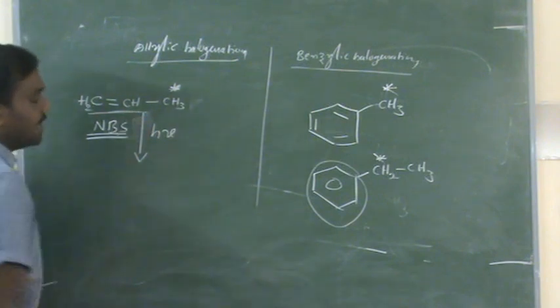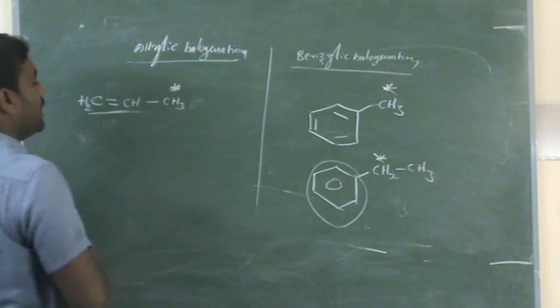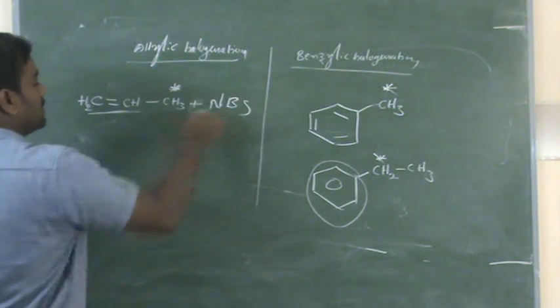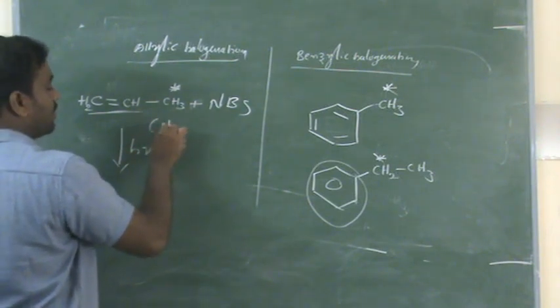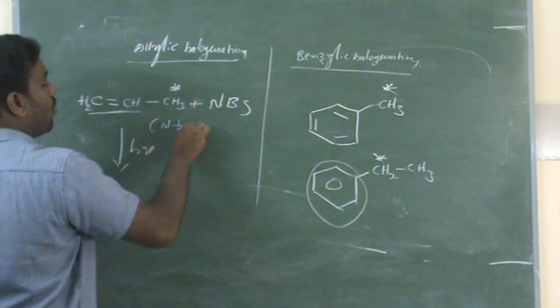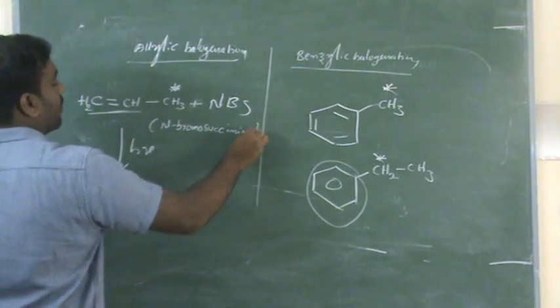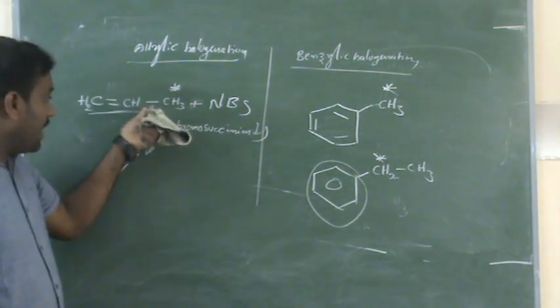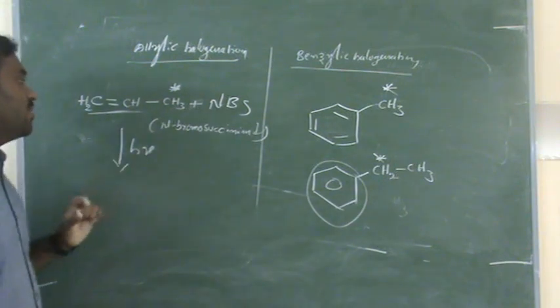This allylic alkene can react with NBS in the presence of sunlight.